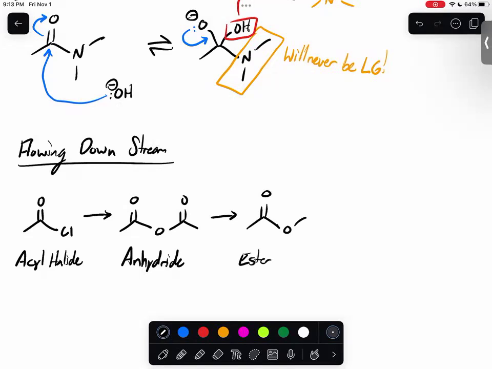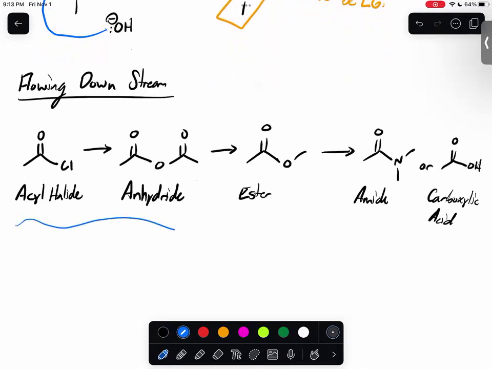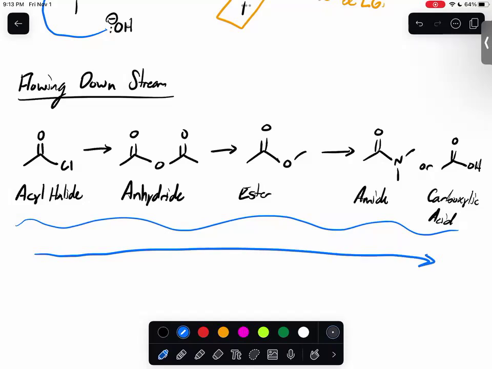And then the ester could flow downstream even more to make something like an amide or a carboxylic acid. But the thing is, the river only flows one way, right? So this is our river of nucleophilic acyl substitutions. It only flows downstream this way. All right.